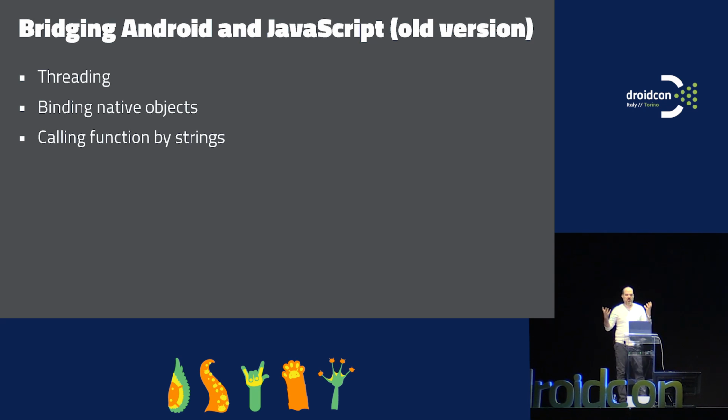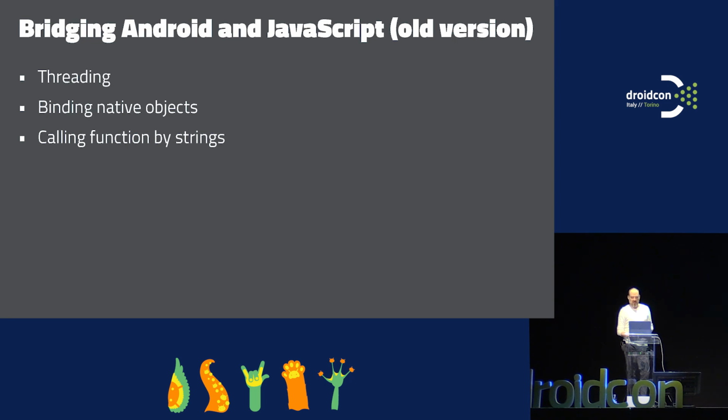There are two different threads. You can't block either of them. You have to be sure to delegate stuff away from that thread as soon as possible if something comes in. You're binding a native object to the JavaScript world, and it gets creepy just talking about it. And also, you're calling functions by string. It's like live eval. It's really bad practice to do that kind of thing.